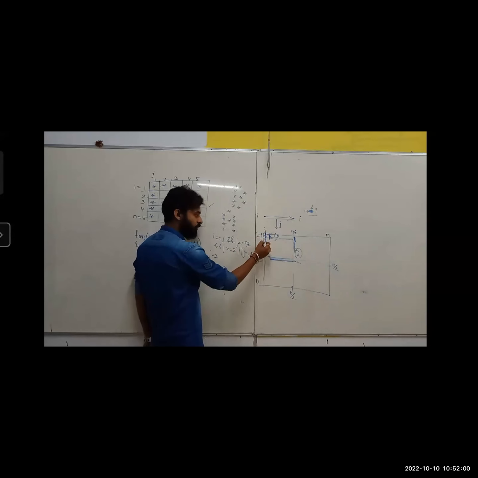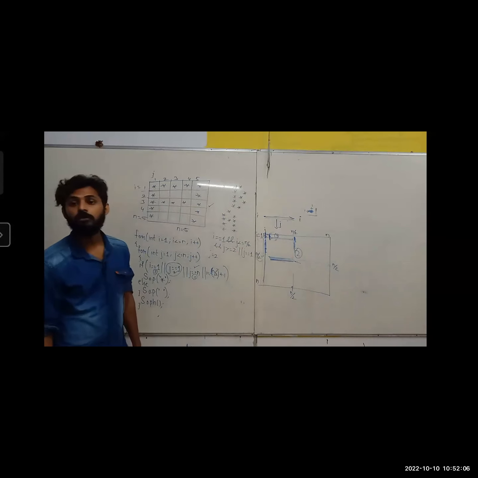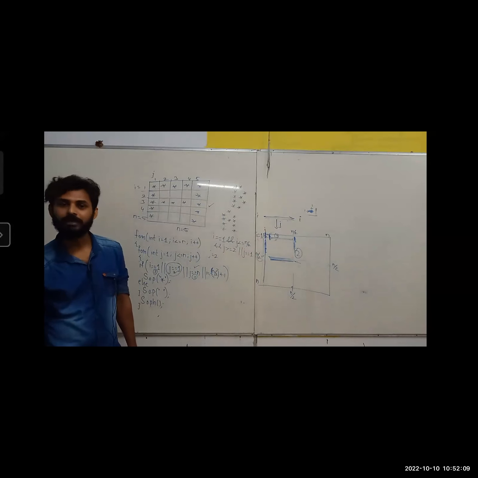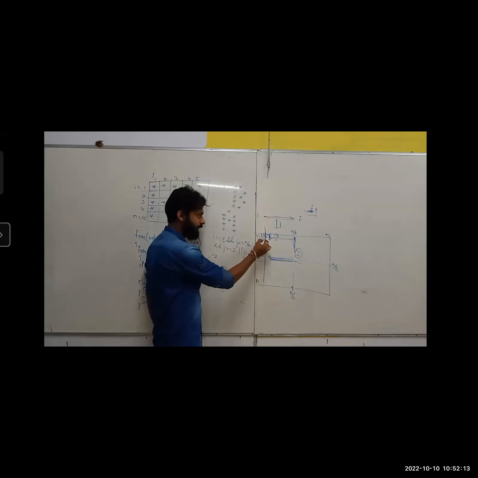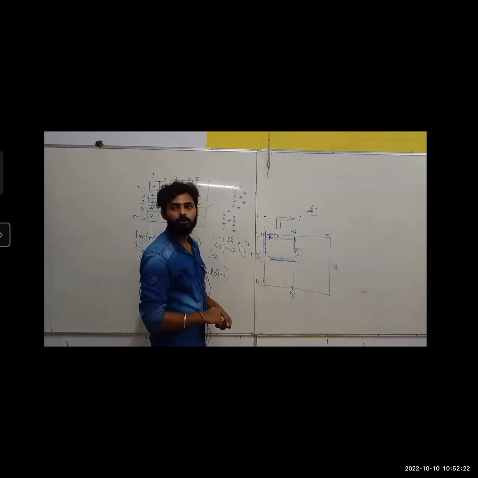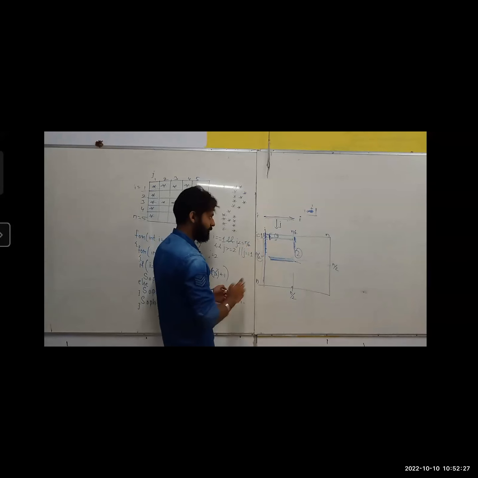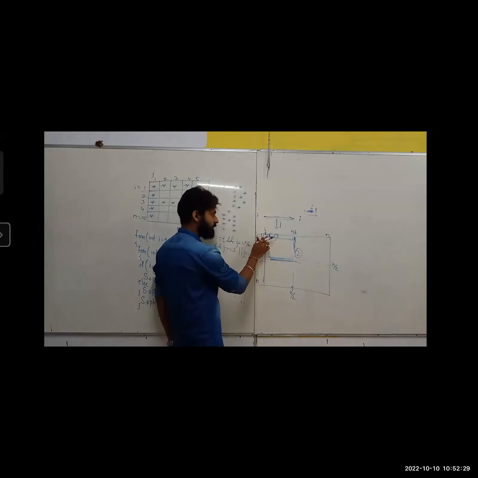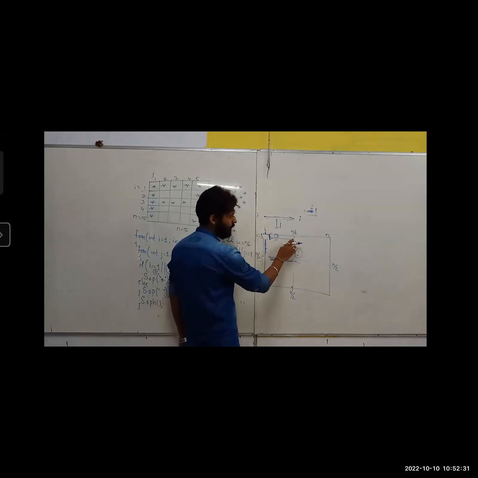J equals 1, and I should be greater than or equal to 2, or greater than 1, because I am writing it horizontally. Getting my point? So in a similar way, if you do that much, you will remove this star. What about this star? I want to remove this star also. How?